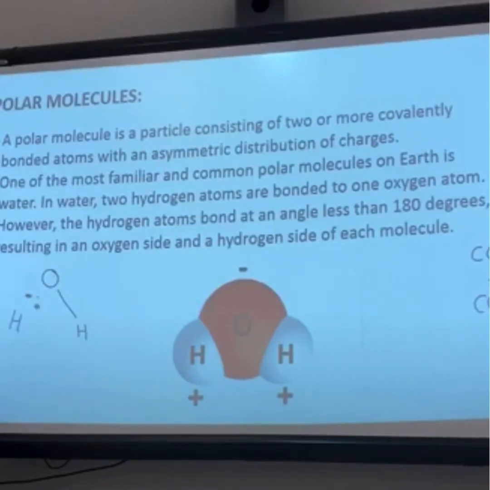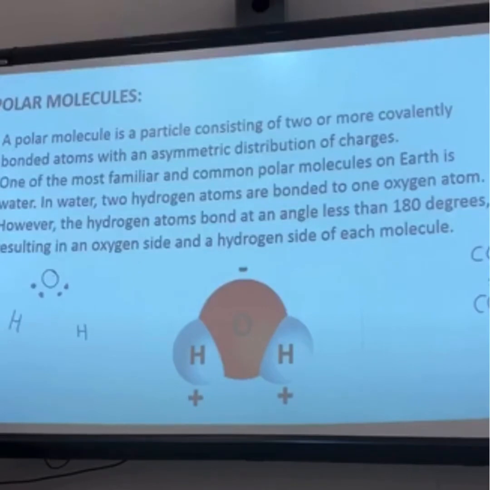Because oxygen is slightly better at attracting electrons than hydrogen, the electrons end up slightly closer to the oxygen than to the hydrogen.